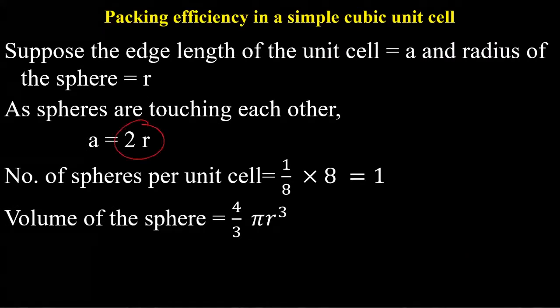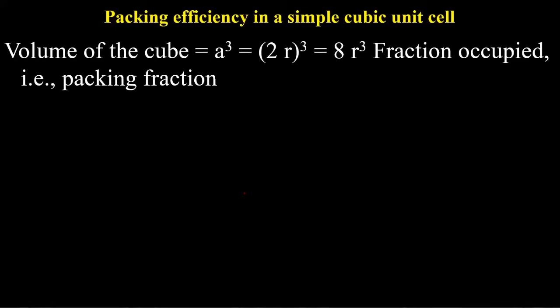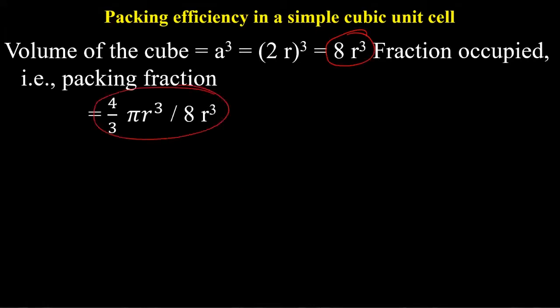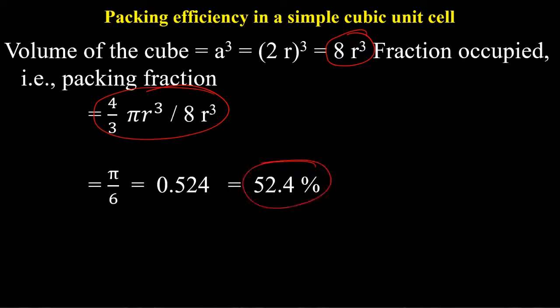The side is 2r, the volume of the sphere is 4/3 pi r cube, and the volume of the cube is 2r whole cube, that is 8r cube. We divided, we got the packing fraction, and we multiplied by 100, we got the packing efficiency.